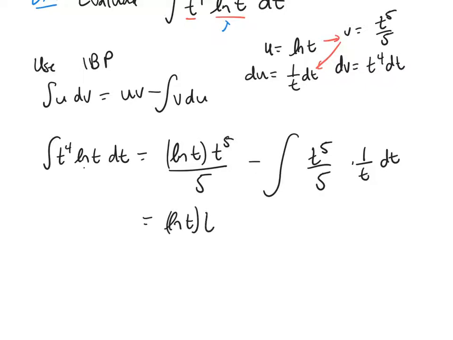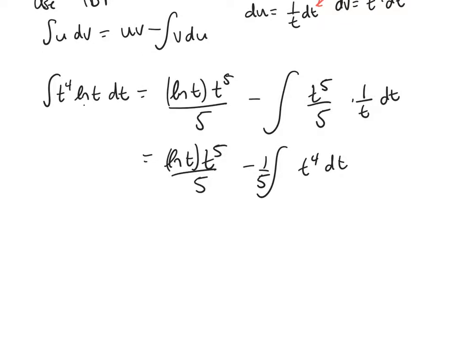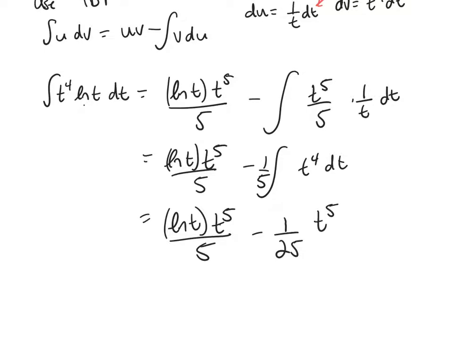Ln of t times t to the 5th over 5 minus 1/5 t to the 4th. And now we no longer have a natural log function there, we just have a polynomial. So do the reverse power rule here. Minus 1 over 25 t to the 5th, and don't forget the plus c.